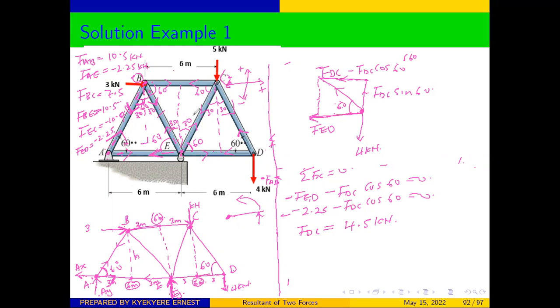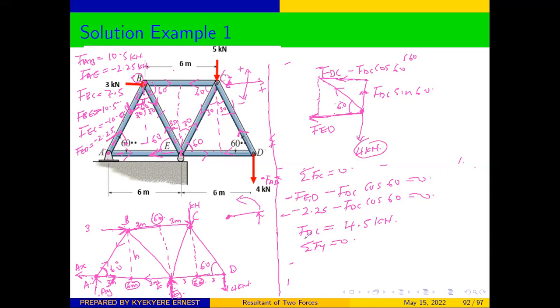Now you can see that we have the forces in all the members. Therefore, you can use the Y components to check the validity of your answer. You can see that sum of F of Y is equal to 0. And from there, we can see that we have 4, which is pointing downwards.